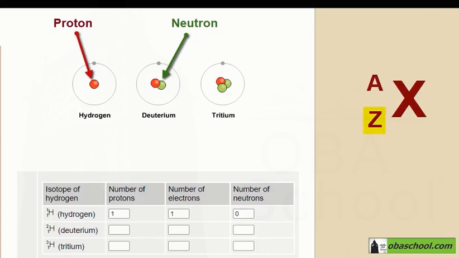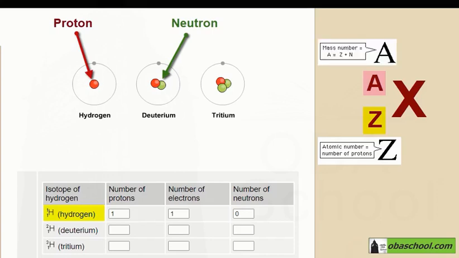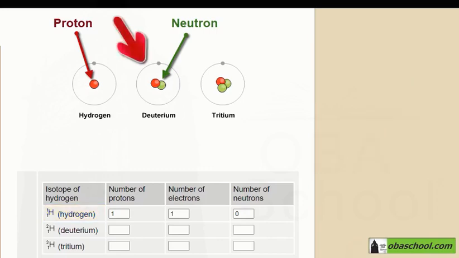This subscript over here represents the atomic number, which is equal to the number of protons, and the number of electrons as well, since it's a neutral atom. So we have 1 proton and 1 electron, and the superscript right here represents the mass number, which is equal to Z plus N. So Z plus N, 1 plus 0, will be equal to 1. And if we have only 1 proton, then the number of neutrons will be 0.